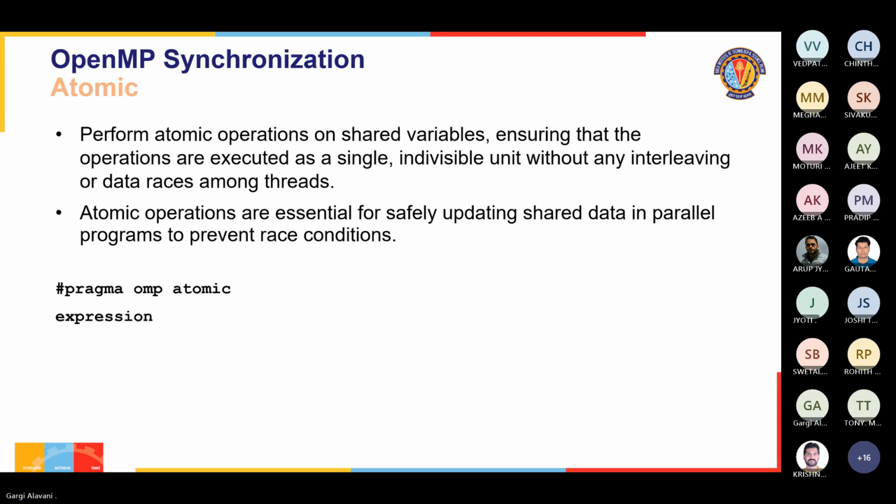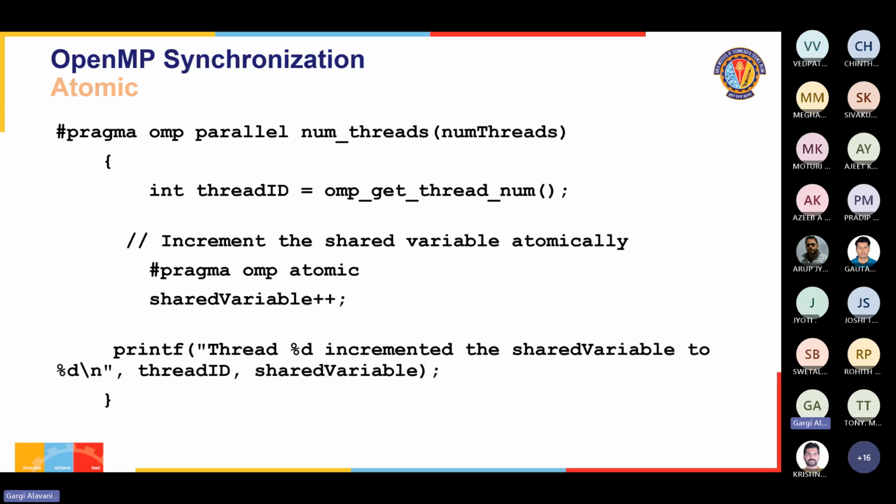If you are trying to update some shared data, you can put it in atomic. Something like this, where you put a hash pragma omp atomic and shared variable plus plus. This will be incremented by only one thread at a time.